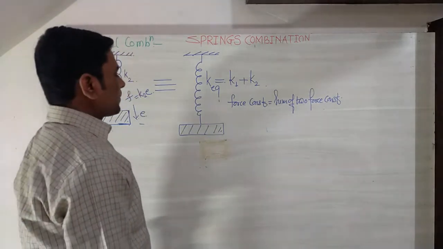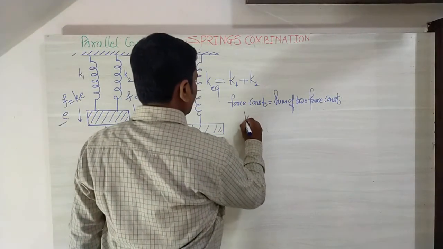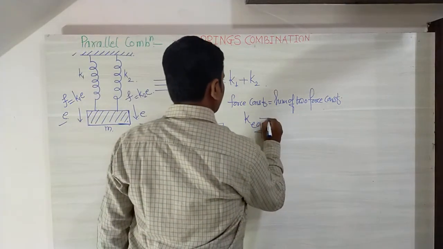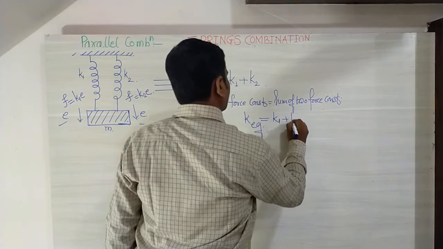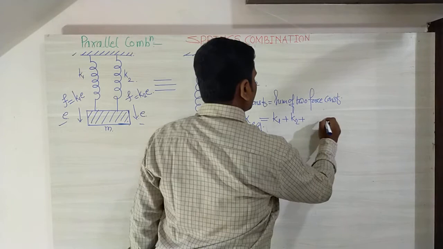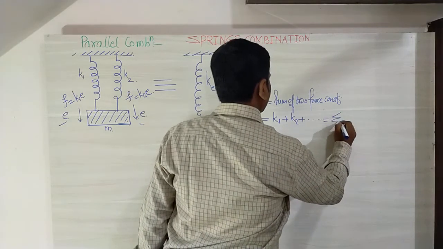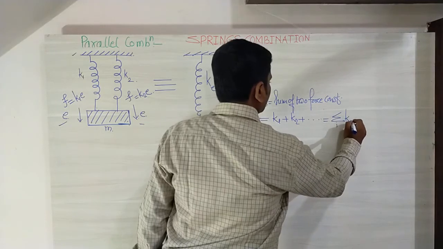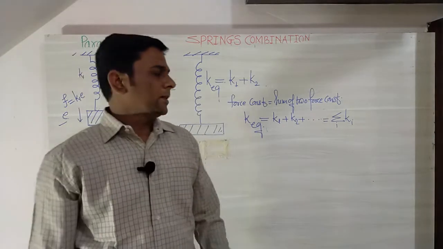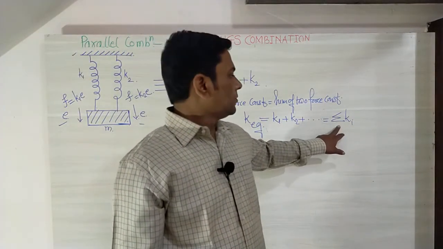If we take n number of springs, then K equivalent in a parallel combination is equal to K1 plus K2 plus K3 plus K4 and so on, that is, the summation of Ki, the force constants of the ith springs.